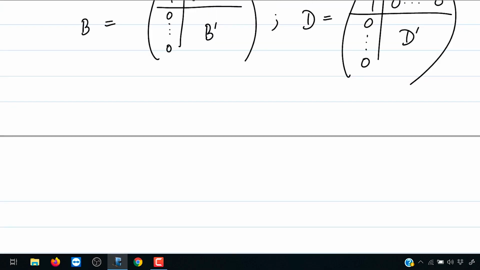Okay, so the problem demands us to prove that if you can obtain D prime from B prime by an elementary row operation, then you can obtain D from B by an elementary row operation.